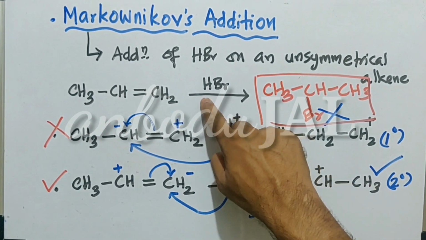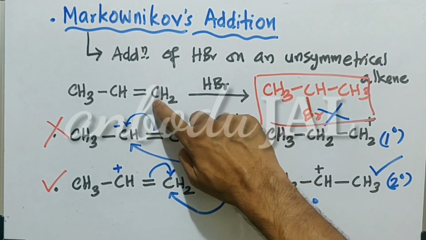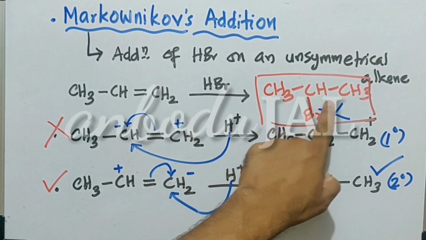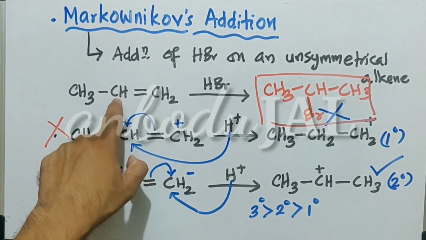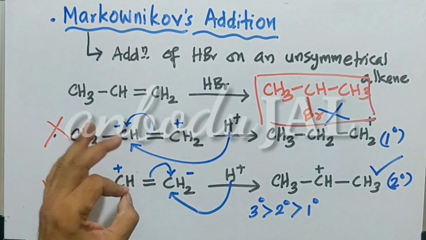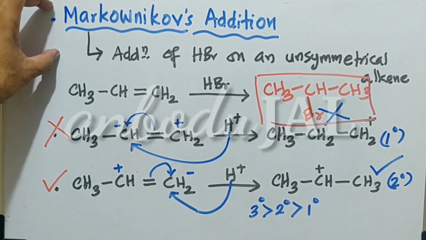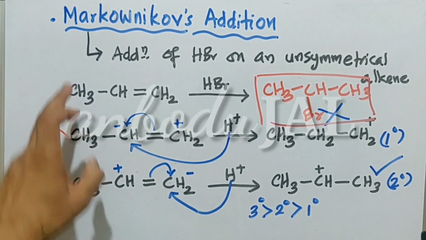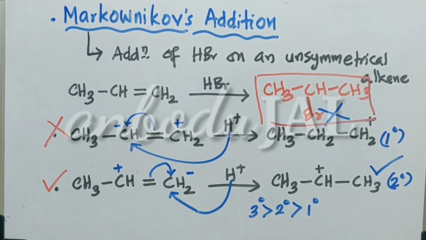So H plus will go towards the carbon carrying maximum hydrogen already. And Br minus will go towards the carbon carrying the minimum number of hydrogen atoms. That is nothing but Markovnikov's rule. The addition obeying Markovnikov's rule is Markovnikov's addition.